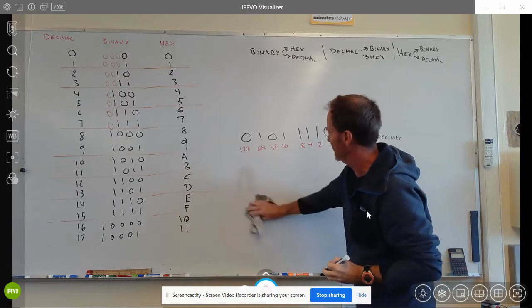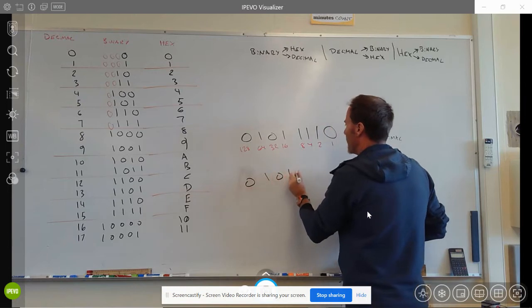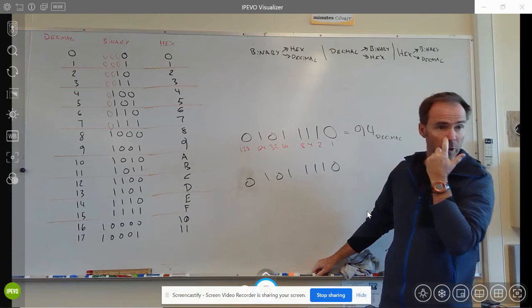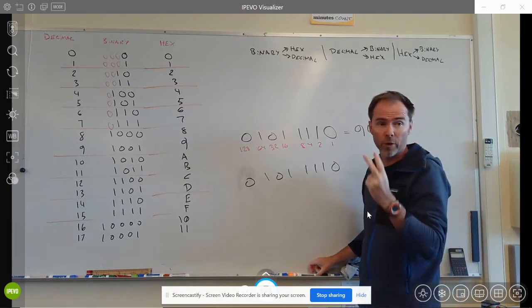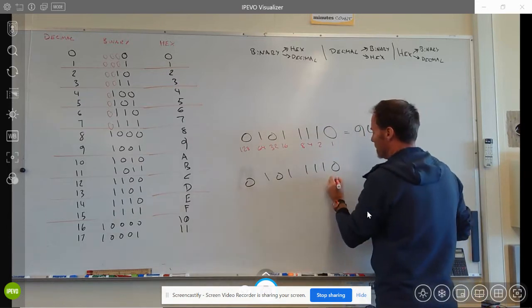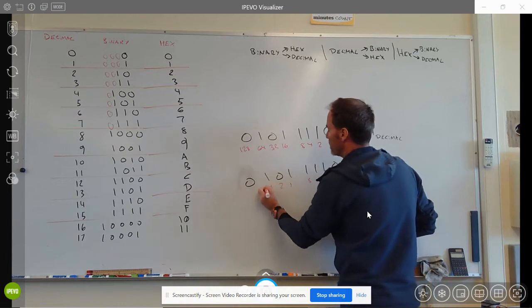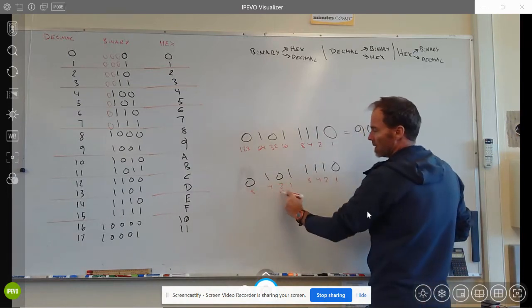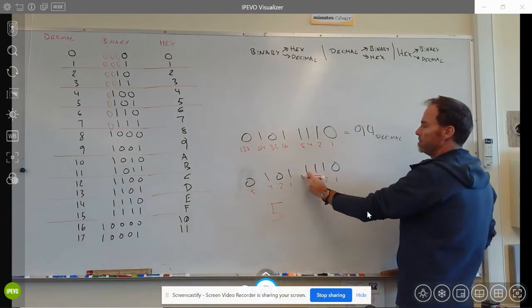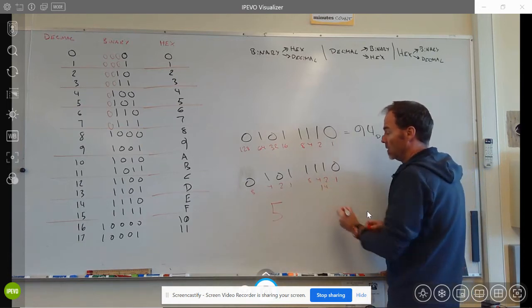If I want to convert it to hex, 0, 1, 0, 1, 1, 1, 1, 0. Whenever I want to do it in hex, I group it in 2 groups of 4. For each of the groups, 1, 2, 4, 8, 1, 2, 4, 8. 4 and 1 makes 5. 8, 9, 10, 11, 12, 13, 14. Ooh, what do I do?